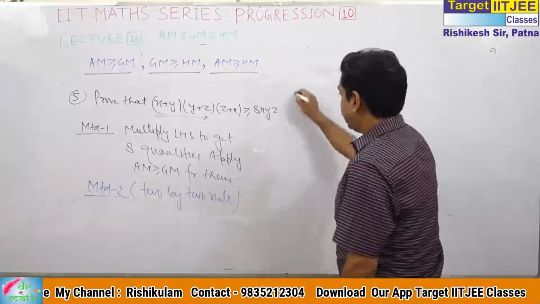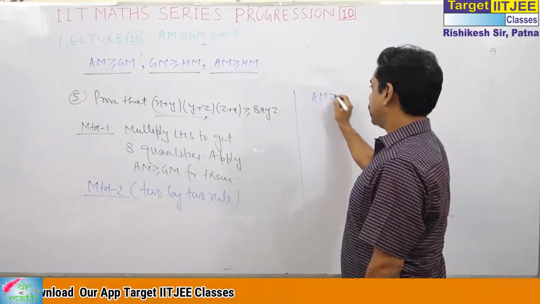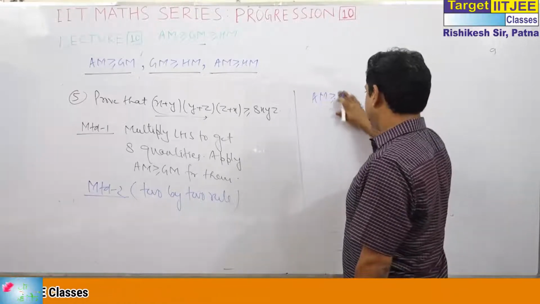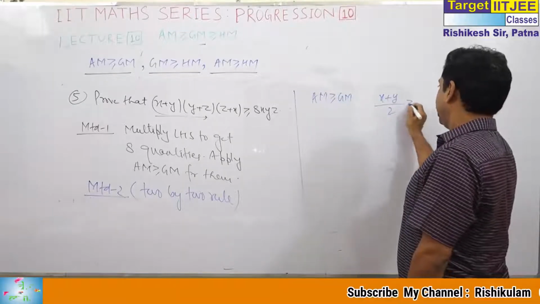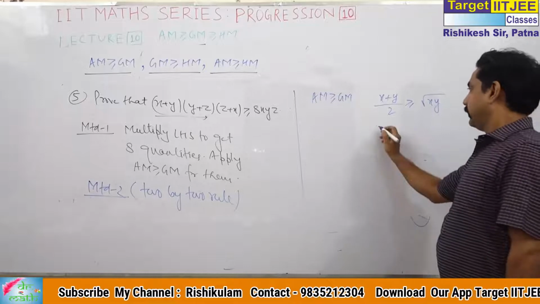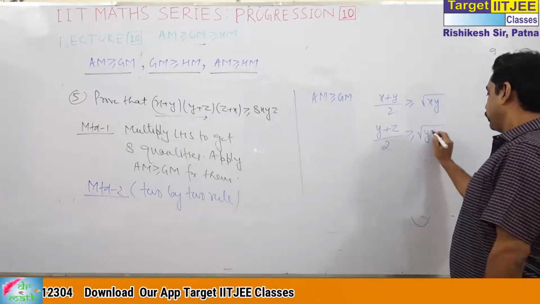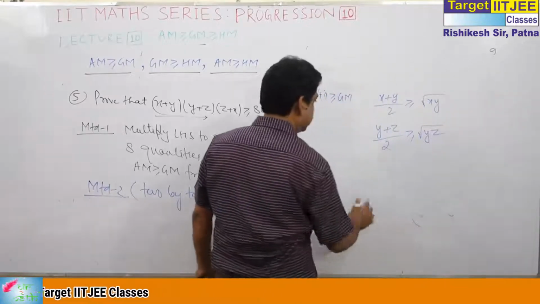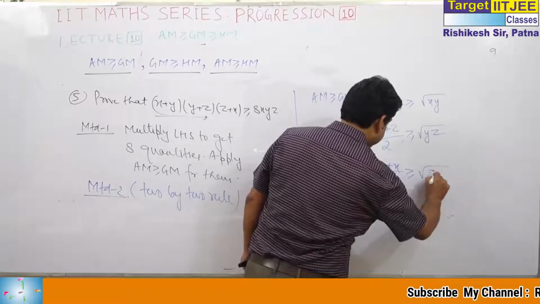Now, what is the 2 by 2 rule? See, for positive quantities, AM is always greater than or equal to GM. This will apply: (x plus y) by 2 is greater than or equal to root xy. AM greater than or equal to GM for y, z gives (y plus z) by 2 greater than or equal to root yz, and (z plus x) by 2 greater than or equal to root zx.